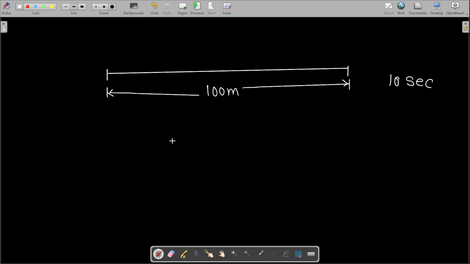And suppose, what is meant by nth second.